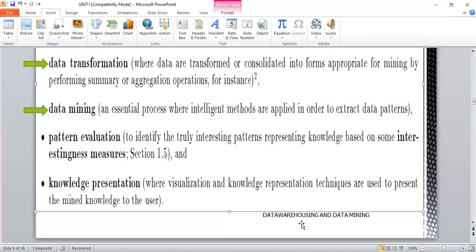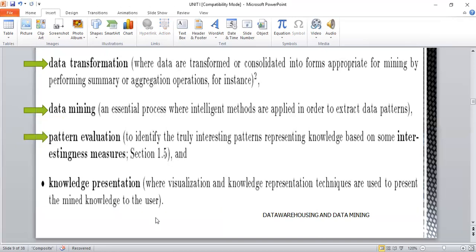And the last step of KDD is knowledge presentation, which is done by utilizing some visualization techniques. These can be reports, tables, characterization rules, or discriminant rules. So that is our KDD process.